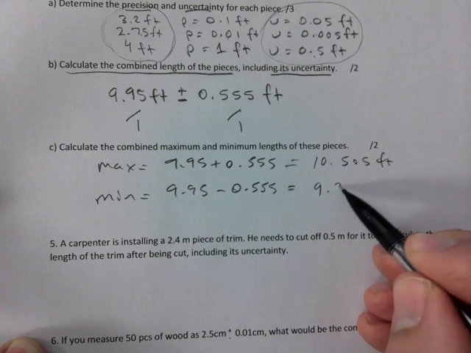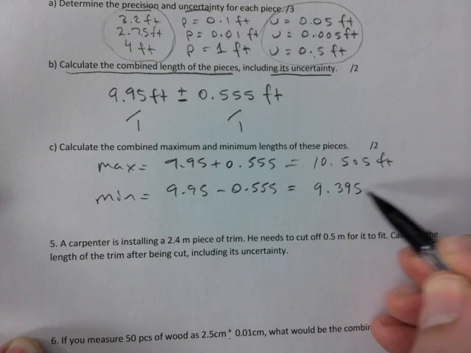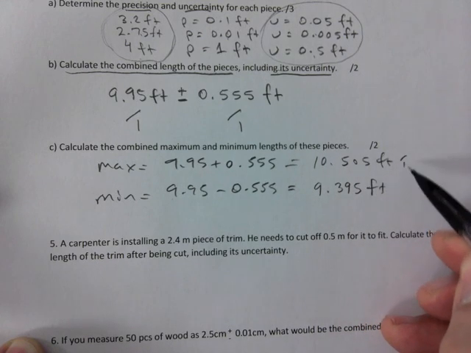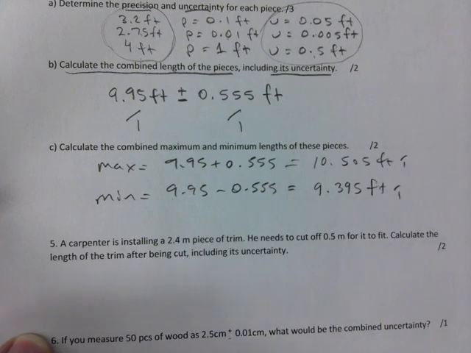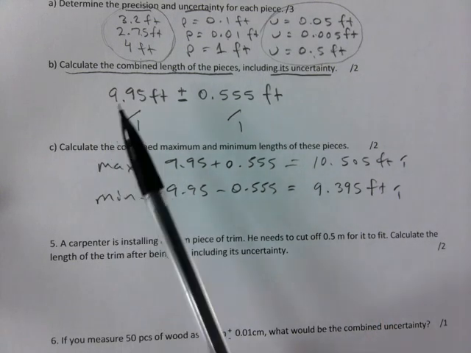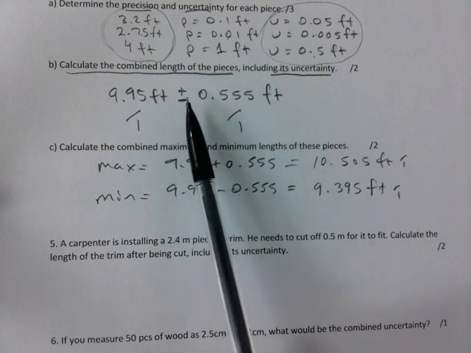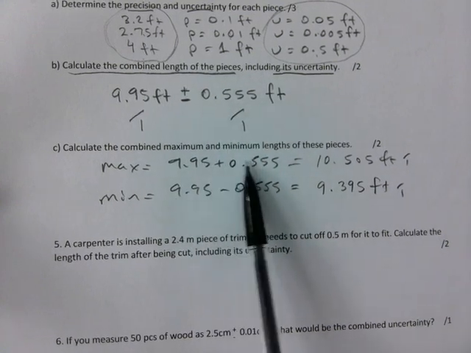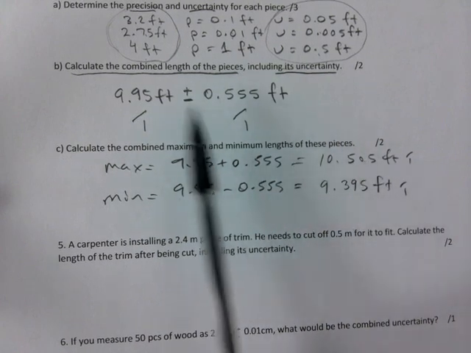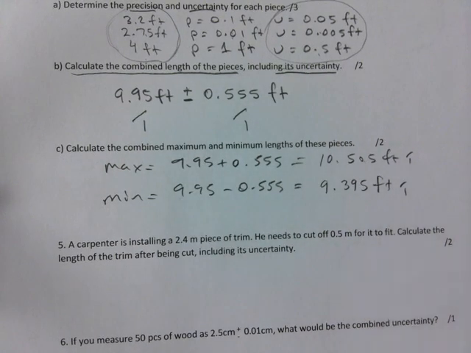And if you subtract, you get 9.395 feet. You get 1 mark for each. Now, you're going to say, Mr. Jackson, do I lose marks if I get a different answer here? And the answer is no. If I see that you're adding these two to get your max and you're subtracting to get your min, you get the marks. We carry it forward, okay?